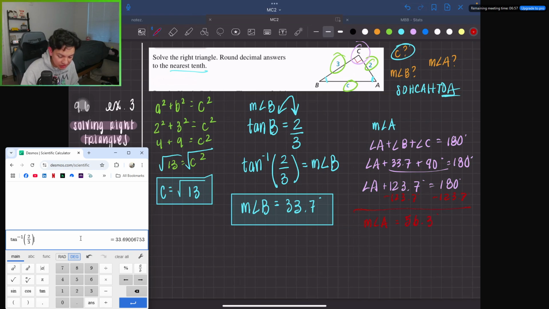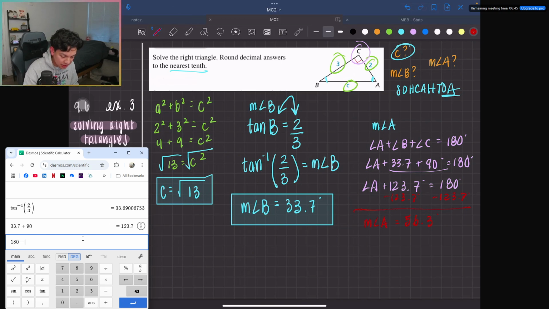And let's just check our work. 33.7 plus 90 is 123.7, and 180 minus 123.7 is 56.3. And there you have it. We have completed solving this right triangle.